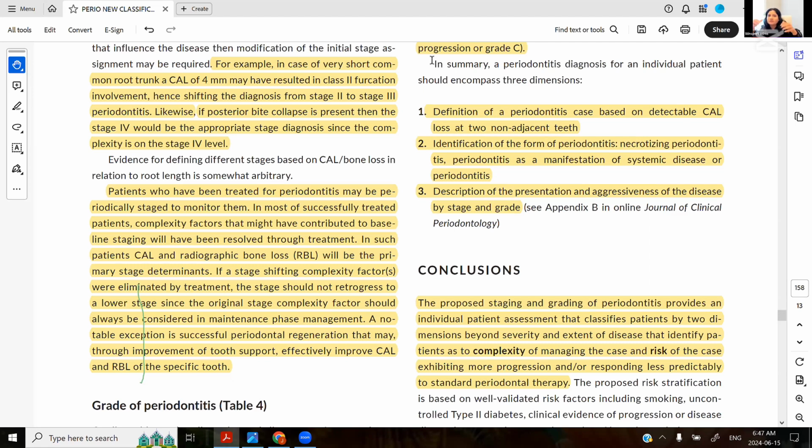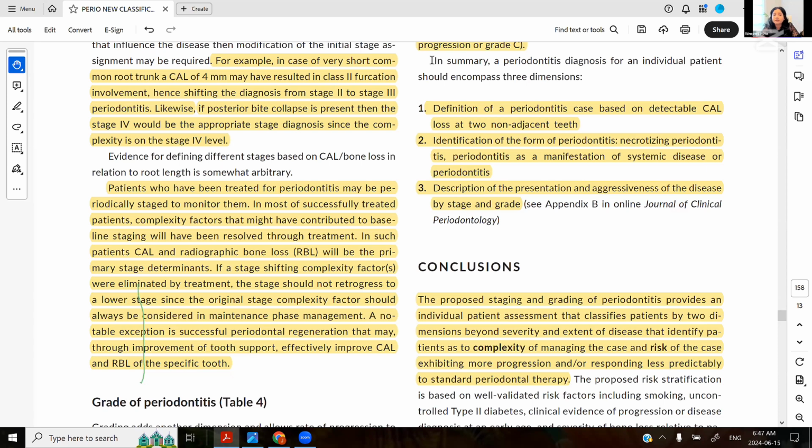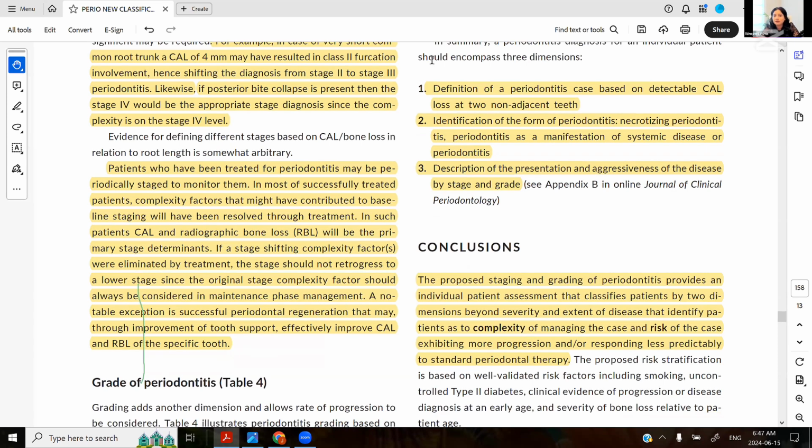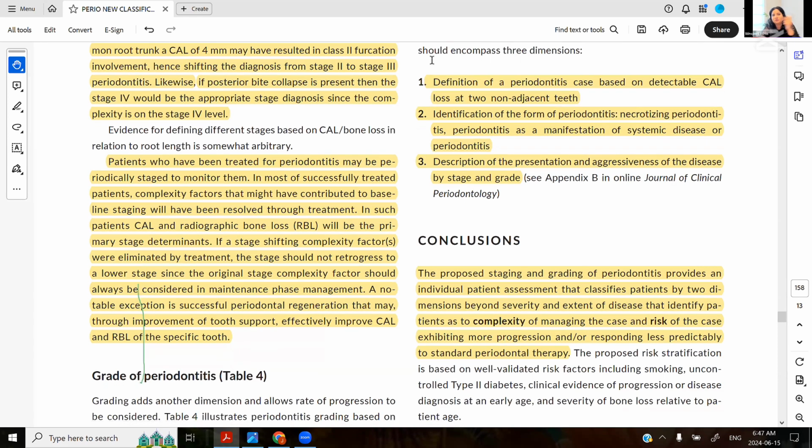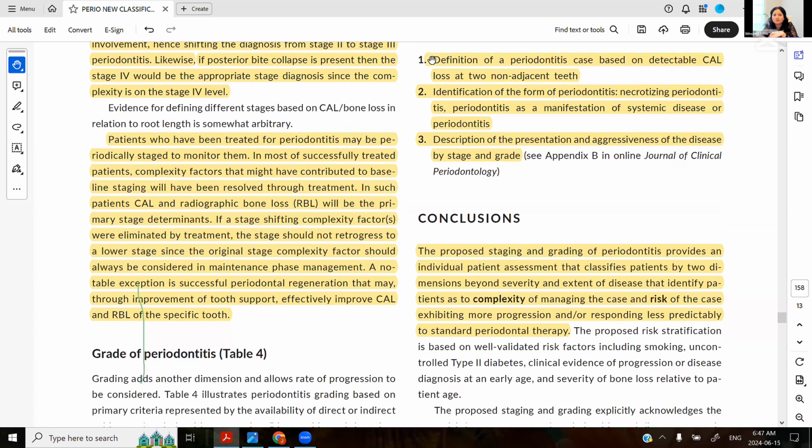So even that loss exposed the furcation and led to the class 2 furcation. So it is a complexity factor and it immediately shifts the diagnosis from stage 2 to 3. Wonderful, right? And then further, if the bite collapsed, also mention it, then you move it to stage 4.